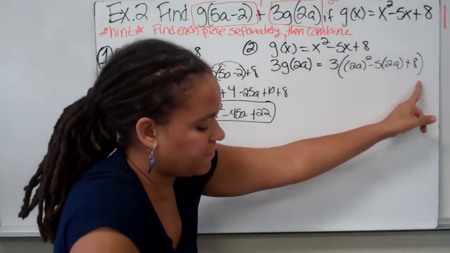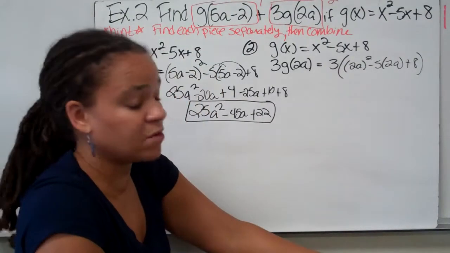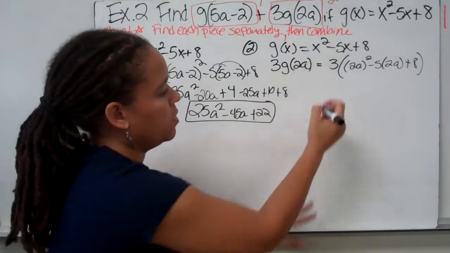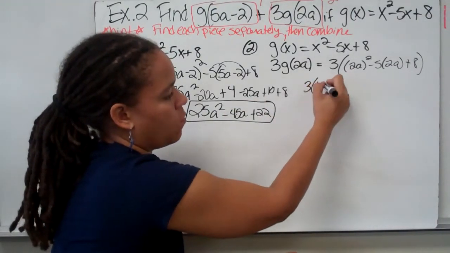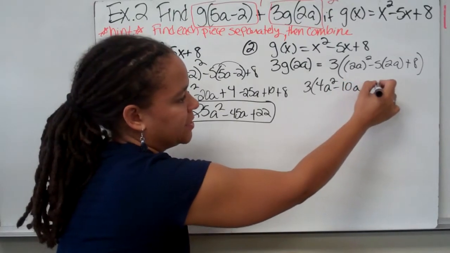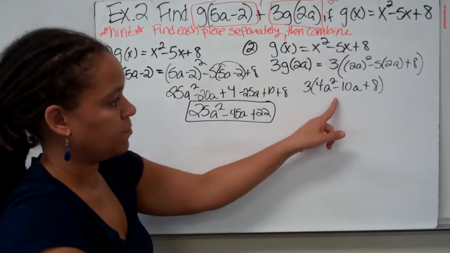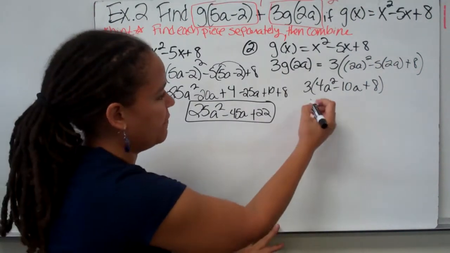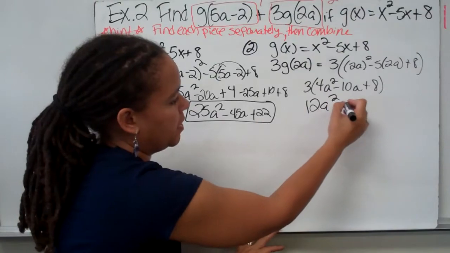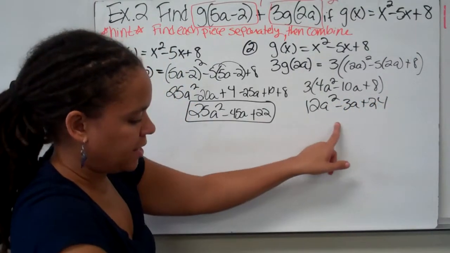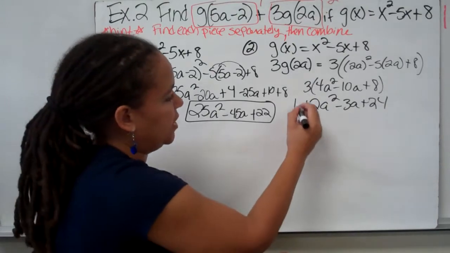So let's figure everything out on the inside first, and then don't forget to multiply everything by 3. So 3 times 4a squared minus 10a plus 8. And then we can distribute our 3. So we should have 12a squared minus 30a plus 24.